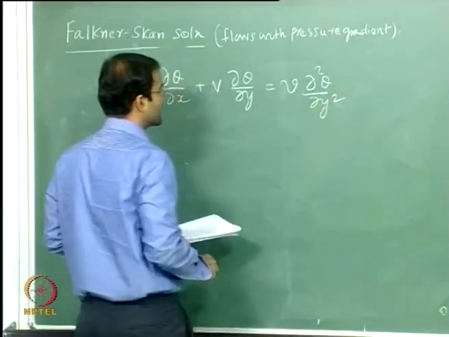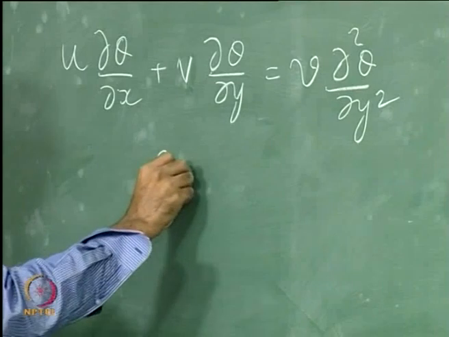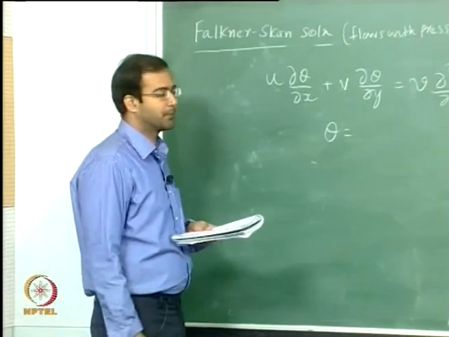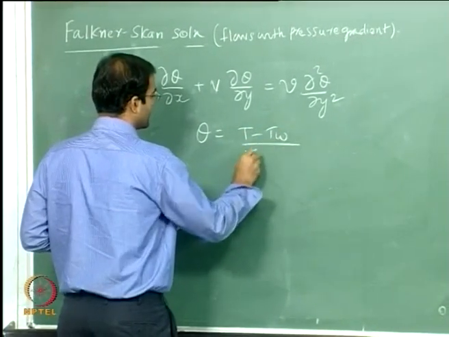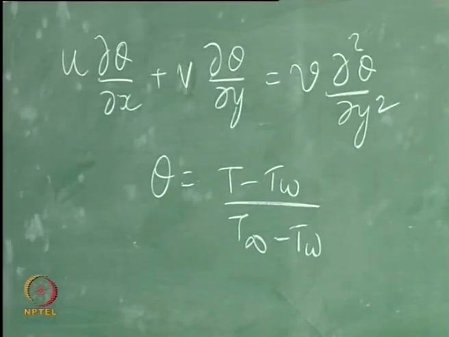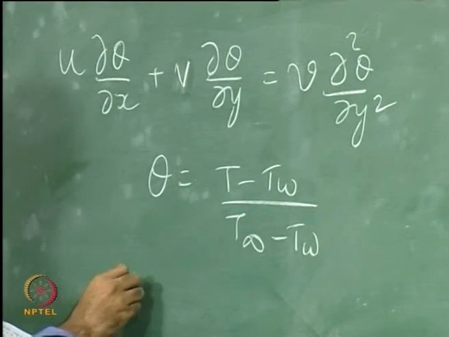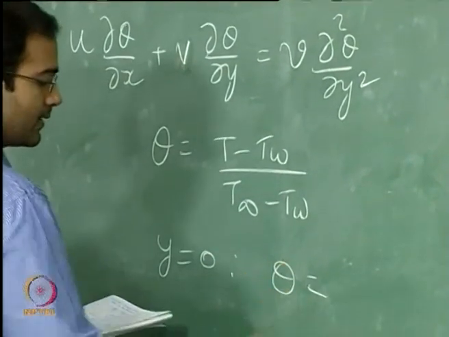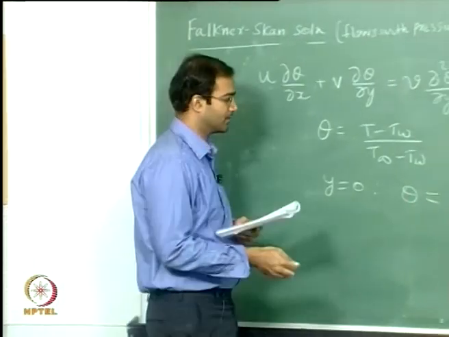So without the viscous dissipation term, this is your energy equation where your theta is defined how? T minus Tw by T infinity minus Tw. So I want my temperature profile to look identical to the velocity profile, and the boundary conditions at y equal to 0, your theta should be 0.